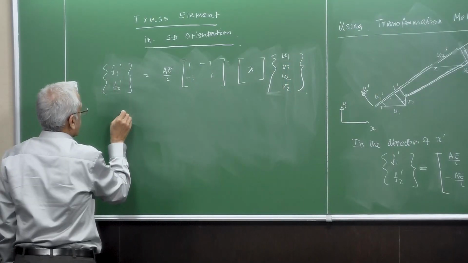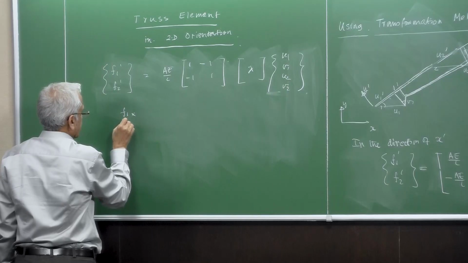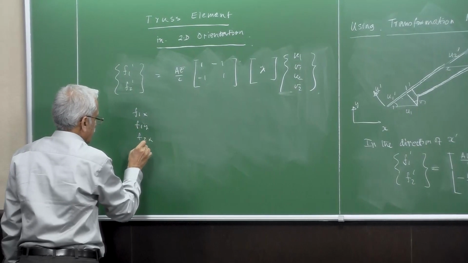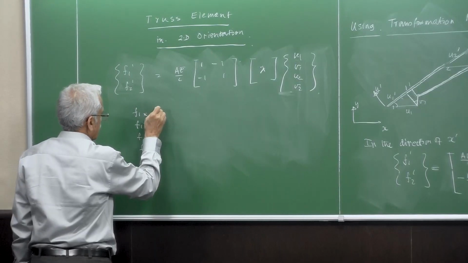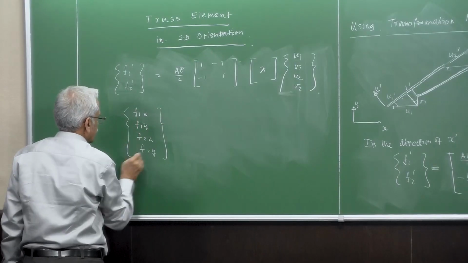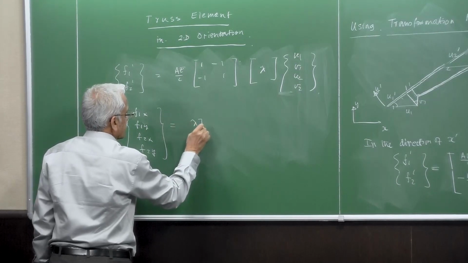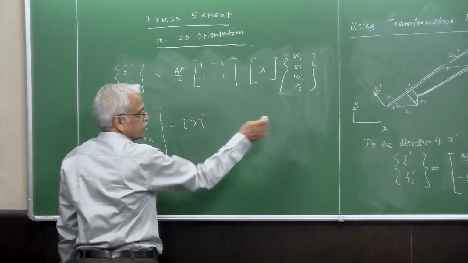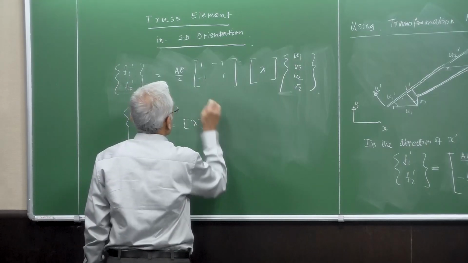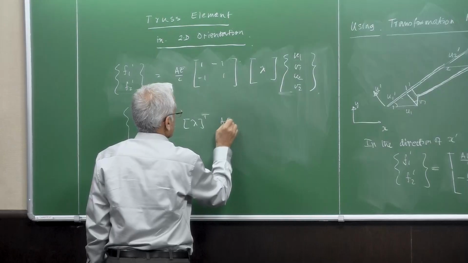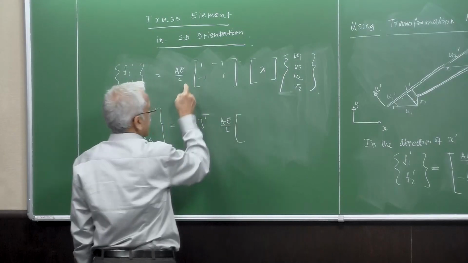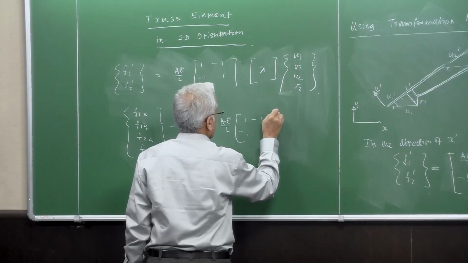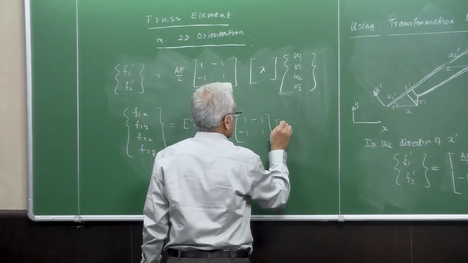This we now write as f1x, f1y and so on: the transformation matrix lambda transpose, the stiffness matrix in the axial direction, and lambda again.